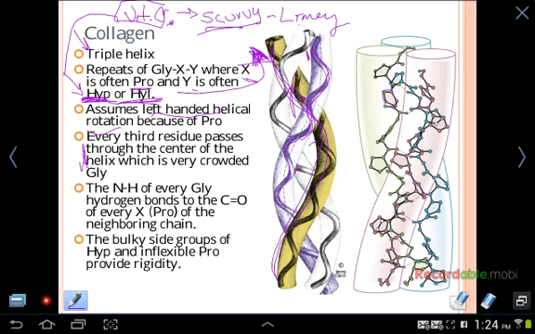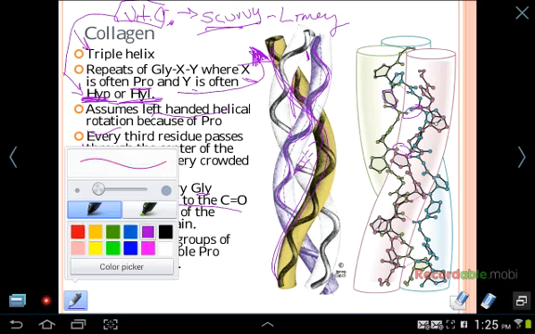And because of that, we have to have glycine as our third residue. With glycine being our third residue, the hydrogen is a non-bulky constituent, which then allows the crowding to occur. Also, the amino group of every glycine hydrogen bonds to the carboxyl of every proline on a neighboring chain, which further increases the structural stability.